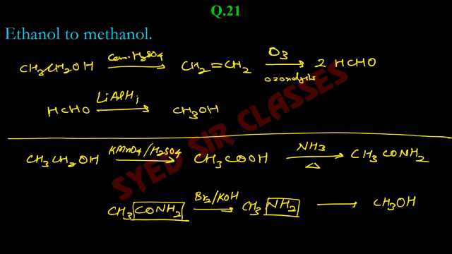And from amine to alcohol, we just use HNO2. This reaction is more related to amines, which we will talk about when we do conversions in the amine chapter. Now we are doing conversions of alcohols and phenols only. I think only alcohols we have been doing till now. We have to do phenols also, we will do that in the next class. But these conversions we will talk about again in the amine chapter.